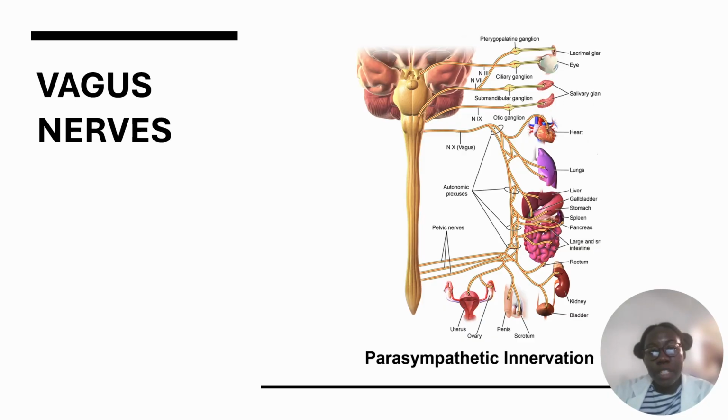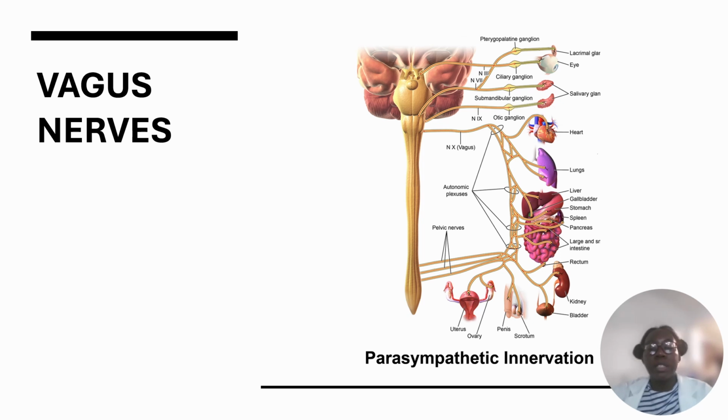In 10th position, we have the vagus nerve. The vagus nerve innervates all of our involuntary muscles, so heart, intestine, kidney, glands, hair. It has a lot of branches, and it innervates a lot of parts.